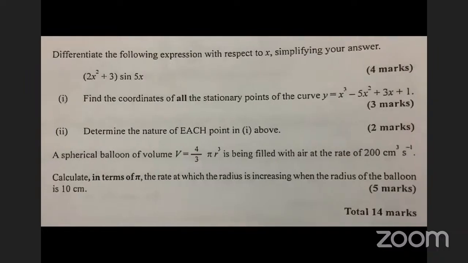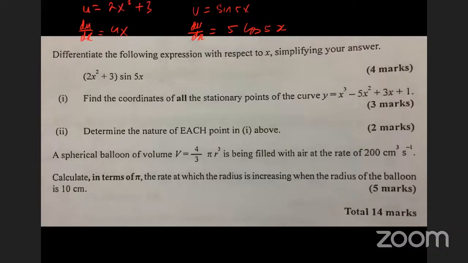I started with the last one. This is your u, so you're using the product rule. u is 2x squared plus 3, and v is sine 5x. So du/dx is 4x, dv/dx is 5 cos 5x.